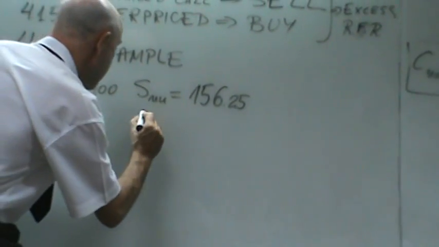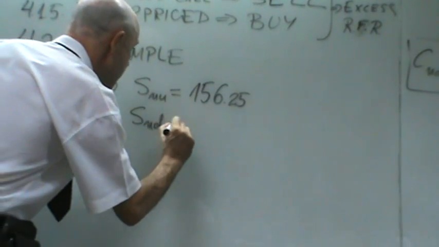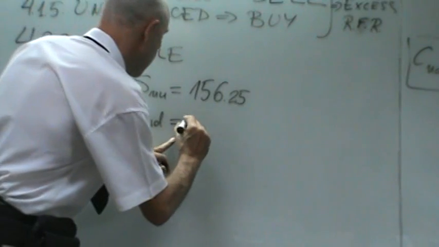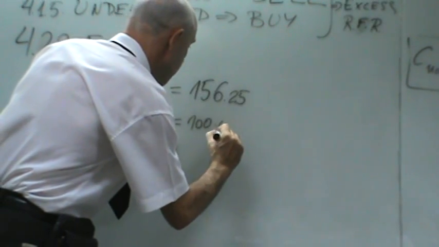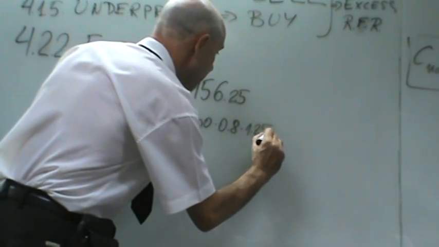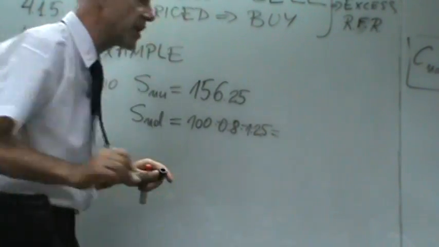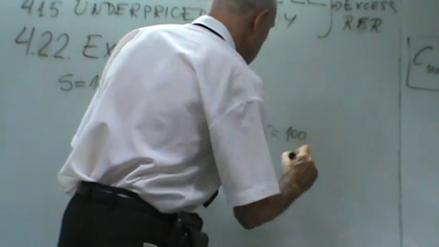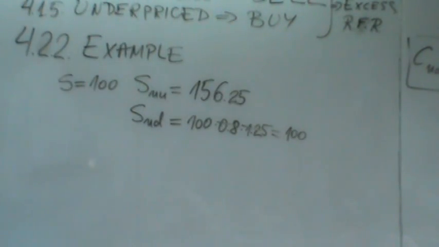Next one is SUD, which is 100 times 0.8 times 125, and these two cancel. It's just equal to 100, okay?